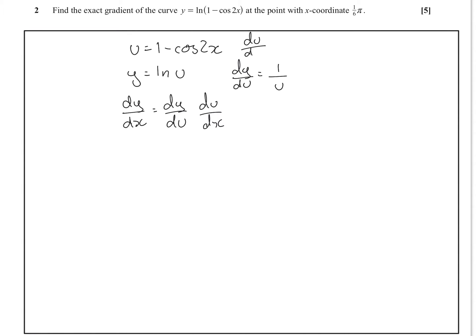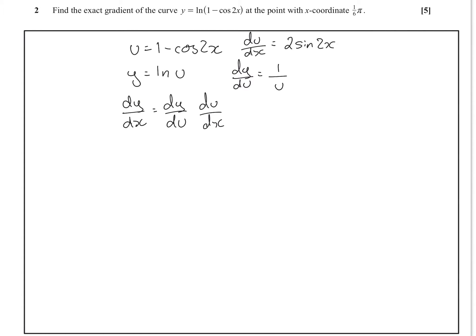Du by dx means I've got to differentiate this bit. Differentiate cos, it becomes negative, and remember that 2 as well. So we're going to go 2 sine 2x, and that negative becomes positive. Differentiate the 1 and it goes away.